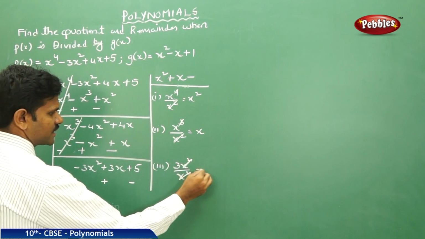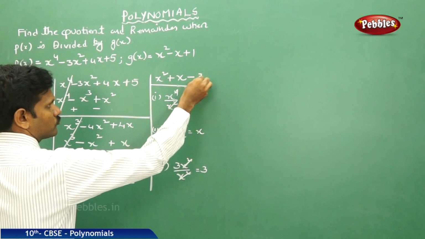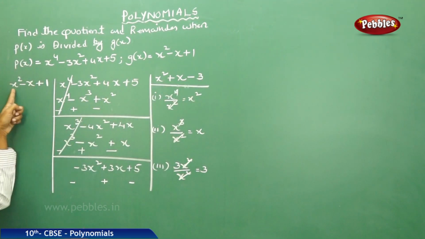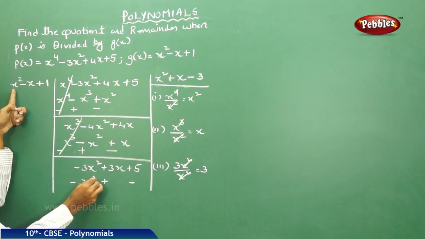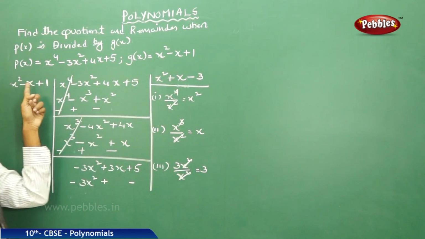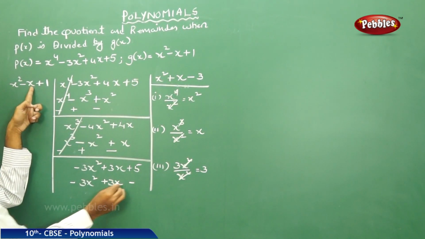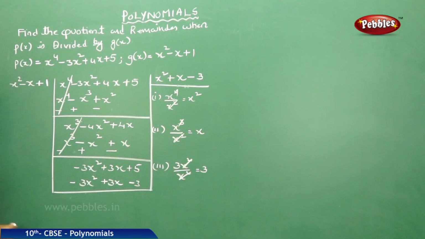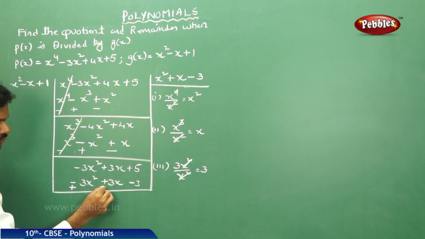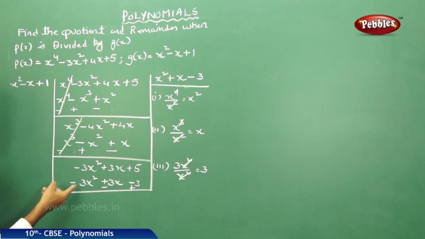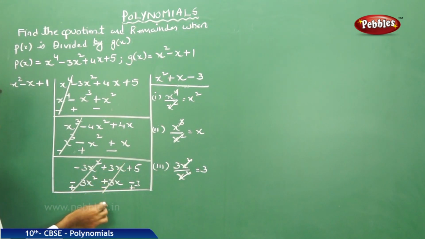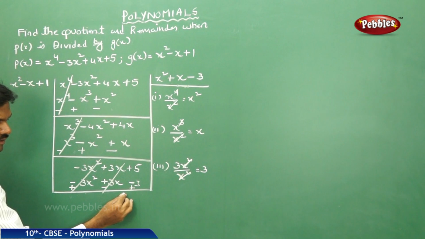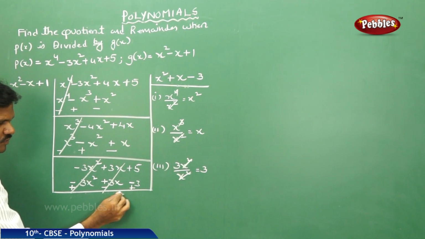X square gets cancelled, that is equal to 3. 3 into x square, 3x square. 3 into x, 3x. 3 ones are 3. Now the process is the subtraction, change the signs, plus minus plus. Minus 3x square plus 3x square cancel, minus 3x plus 3x cancel, 5 and 5 plus 3, which will give you 8.